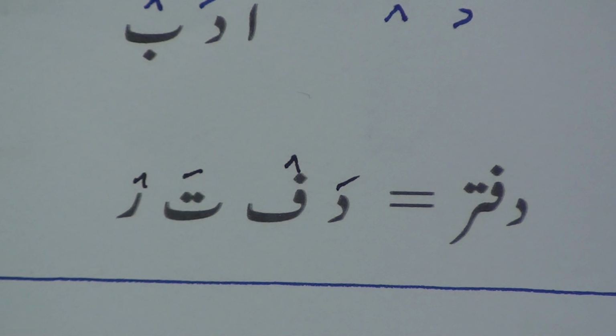You won't find them in books, newspapers, or if you start writing, then you yourself will not use these diacritical marks. These are for beginners to learn, and later on these diacritical marks are not used.